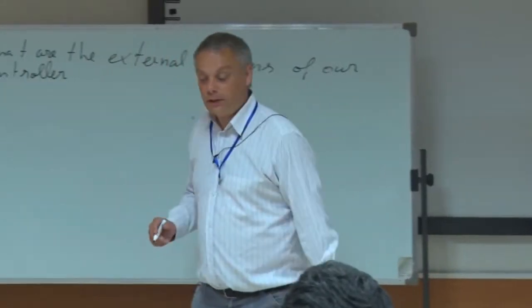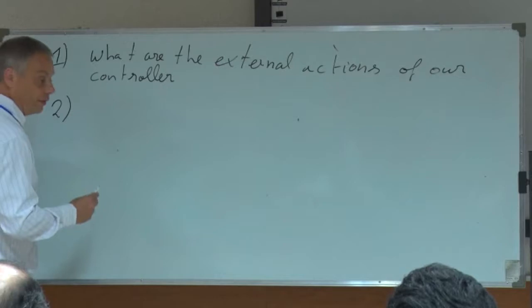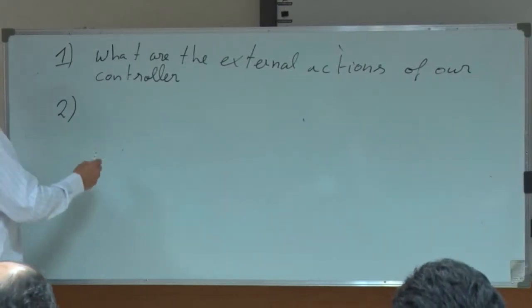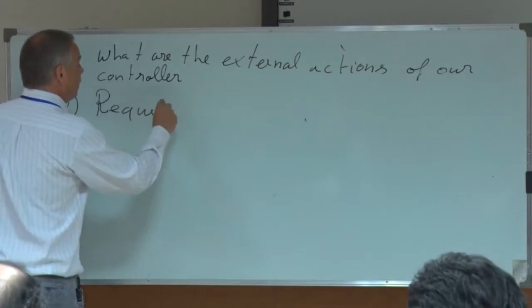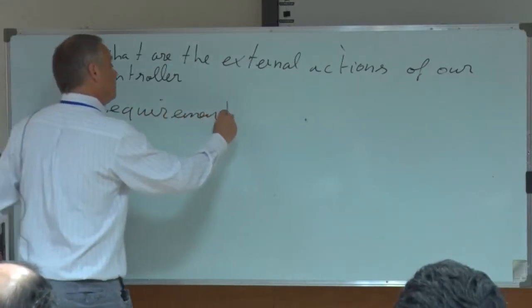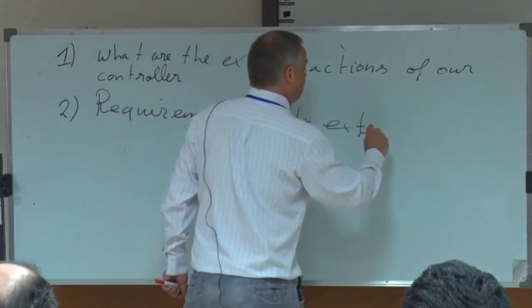But what is quite tricky is to define the requirements on the behavior, and you should formulate this in natural language. So write down the requirements on the external actions.